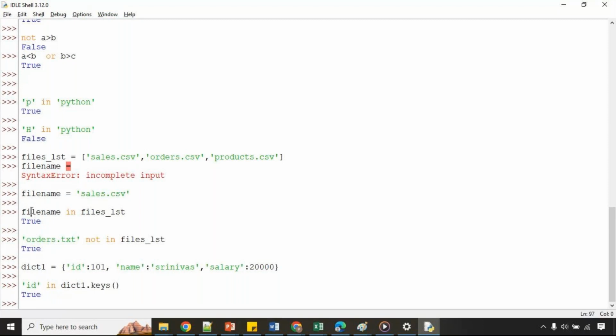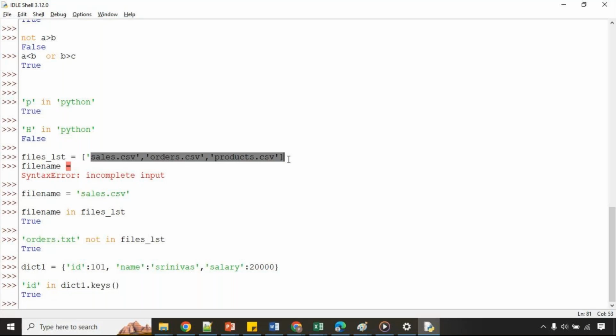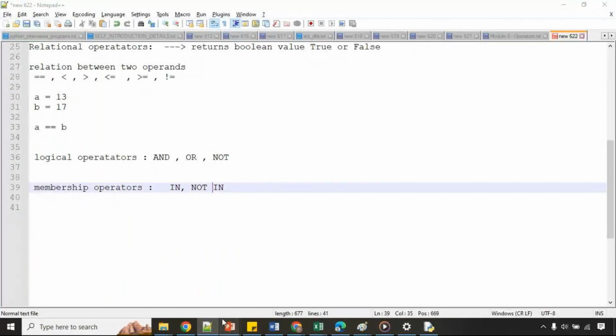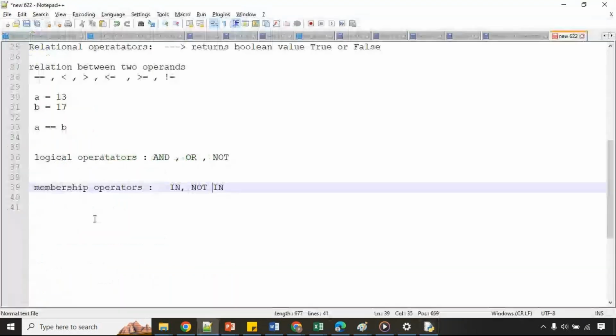In this case, we check whether the file is there in the list or not. In other languages, we have to check each and every file, take the file name and compare. But the same thing, there is an operator called the membership operator, in and not in. Remember the return value is a boolean value.